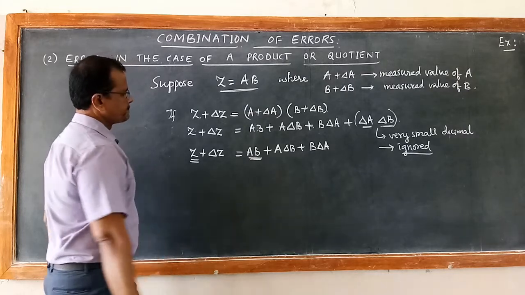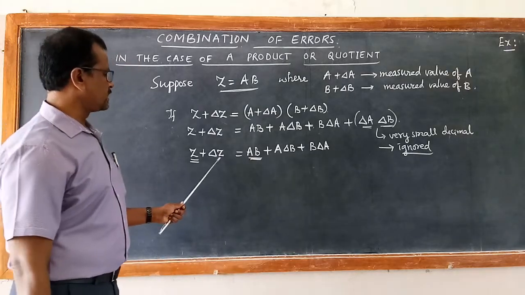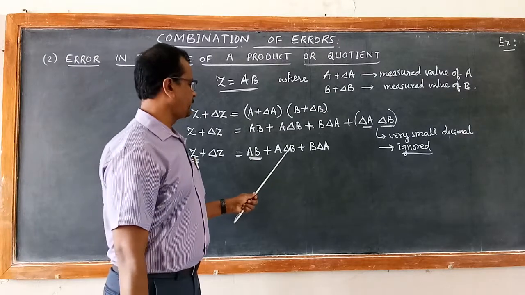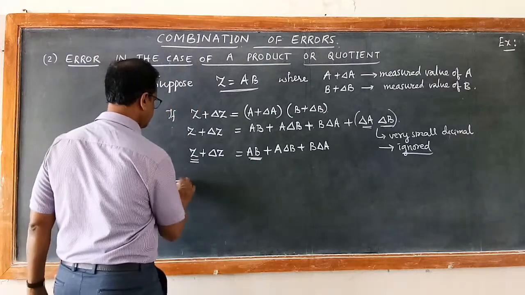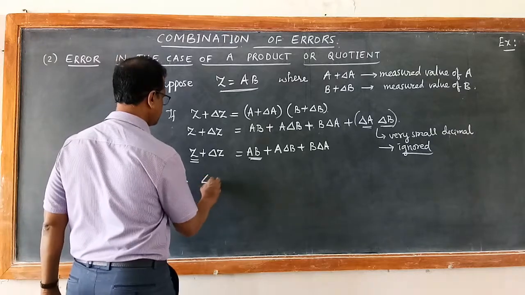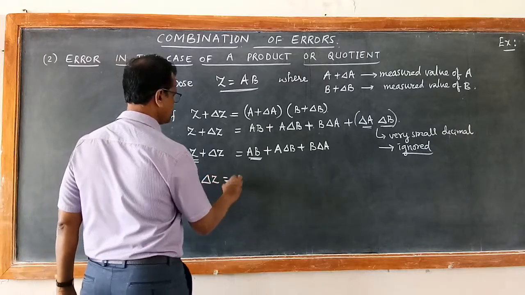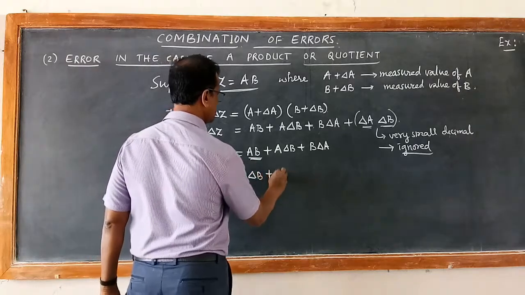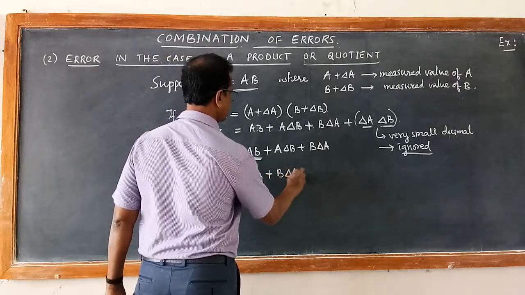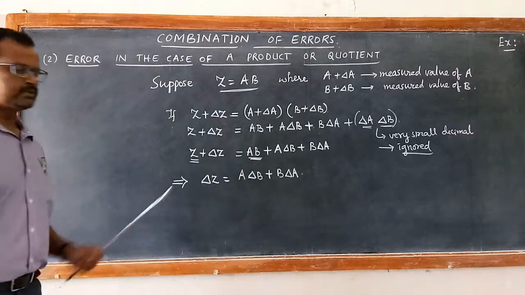You will be left with delta Z is equal to A delta B plus B delta A. After cancelling, delta Z is equal to A delta B plus B delta A. So this is the absolute error.